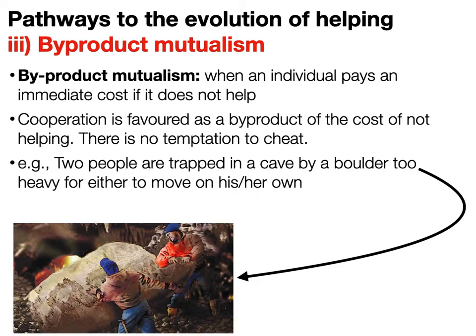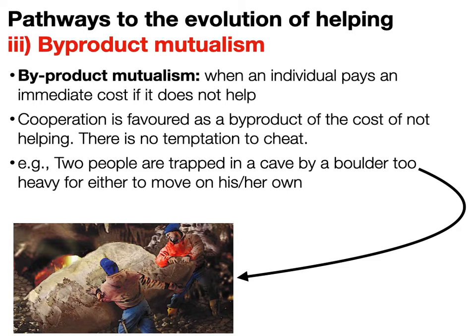Here are a couple of examples to make this concrete. Imagine two people trapped in a cave by a boulder, and neither of these people on their own can move the boulder. The boulder's too heavy for person number 1 or person number 2 to move on their own. Well, they cooperate and work together and move the boulder, but the cost of not cooperating in that case would be their own demise, right?